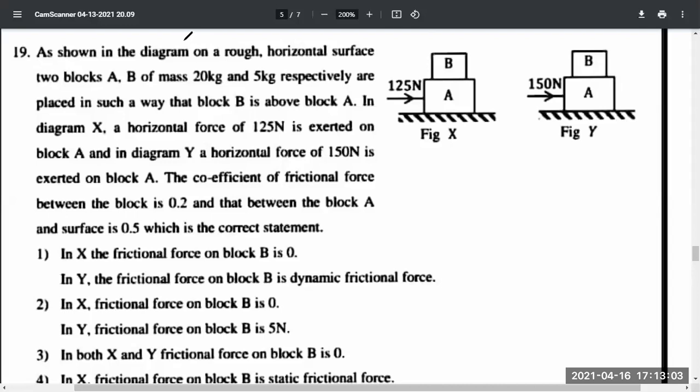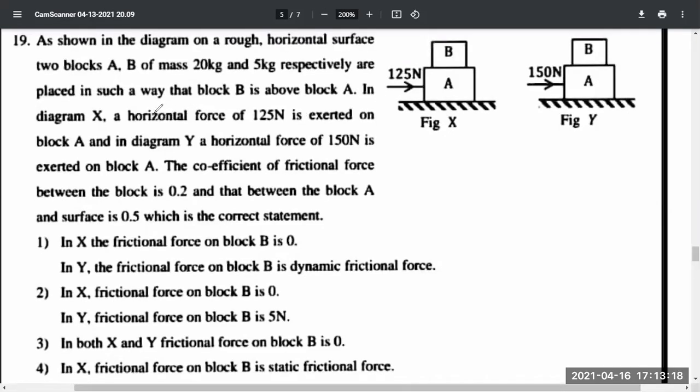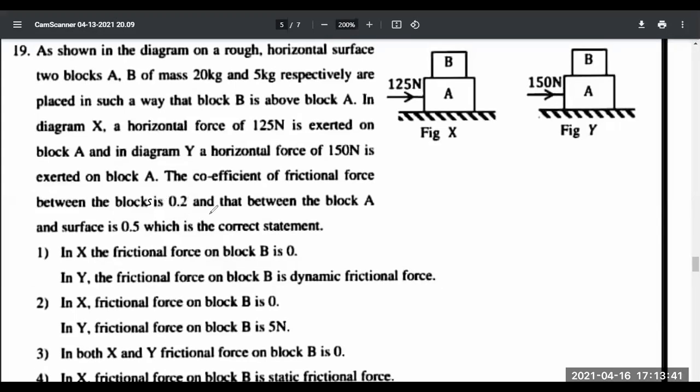Question number 19. As shown in the diagram, on a rough horizontal surface, two blocks A and B of mass 20 kilogram and 5 kilogram respectively are placed in such a way that block B is above block A. In diagram X, a horizontal force of 125 Newton is exerted on block A, and in diagram Y, a horizontal force of 150 Newton is exerted on block A. In both, they are exerting the force on block A. The coefficient of frictional force between the blocks is 0.2, and that between block A and the surface is 0.5.